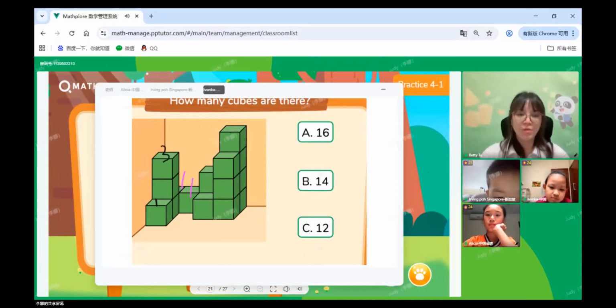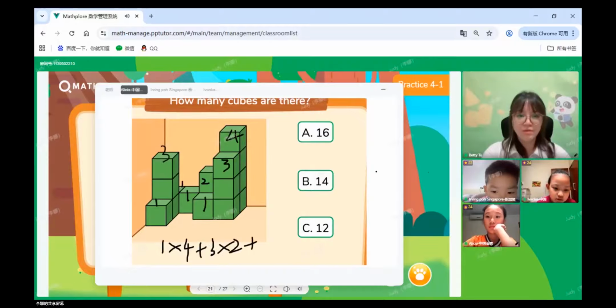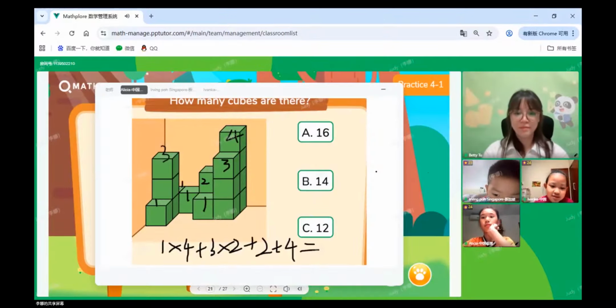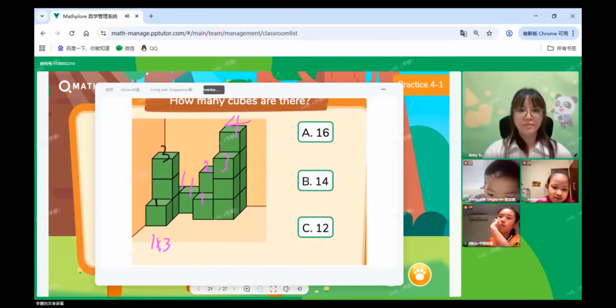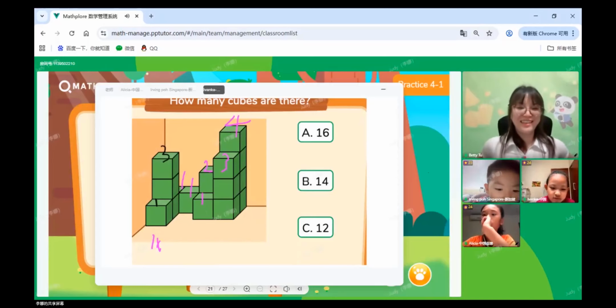Each column, we are going to write the number on the top. Good. Okay, then plus them all together. 1, 2, 3, 4, good. Actually, it's supposed to be 4. Yes. Okay.